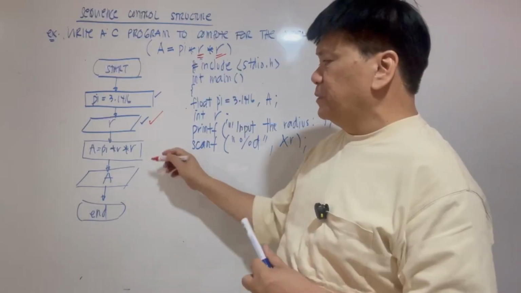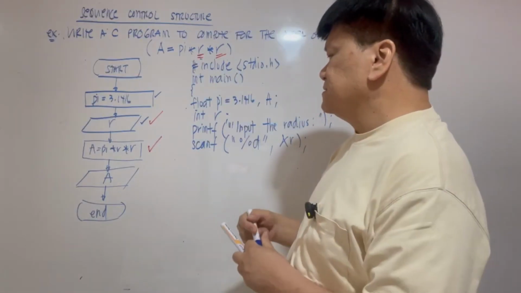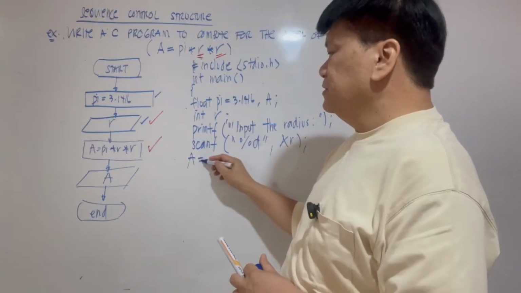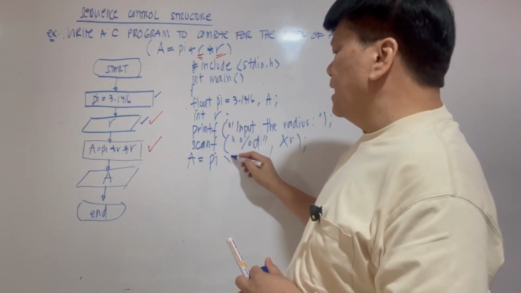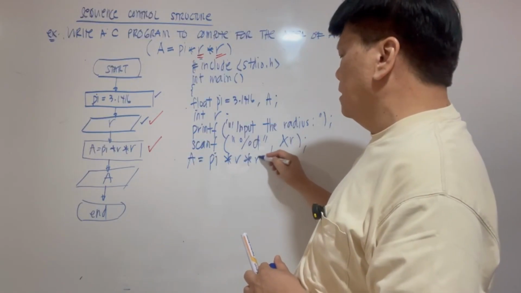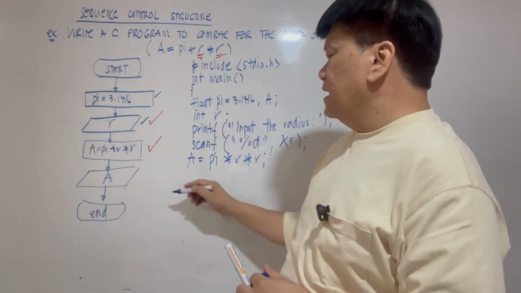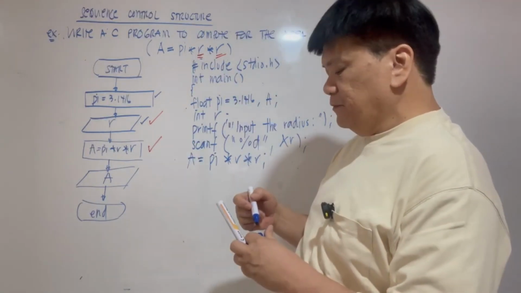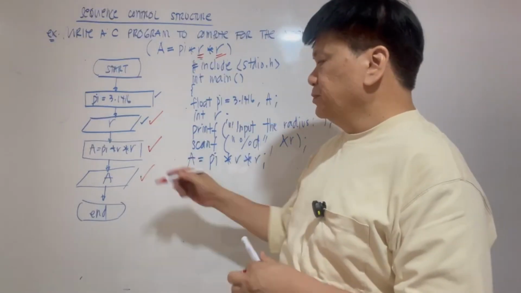Proceed with the processing. So processing: a for the area is equal to pi times r times r. And then output the value of area. Output a.